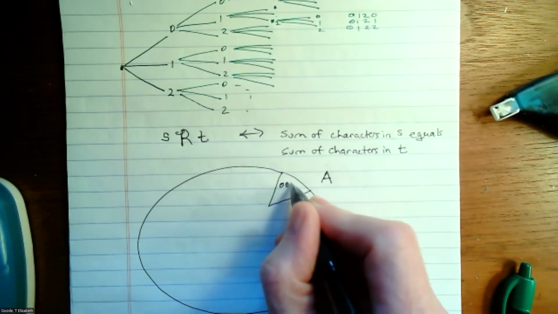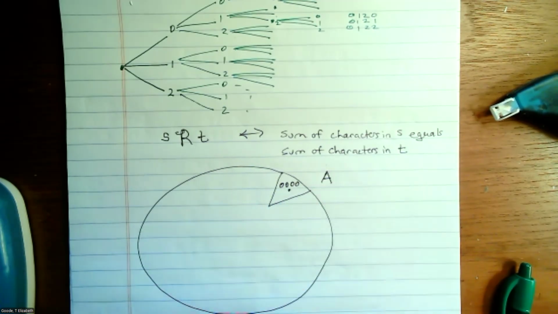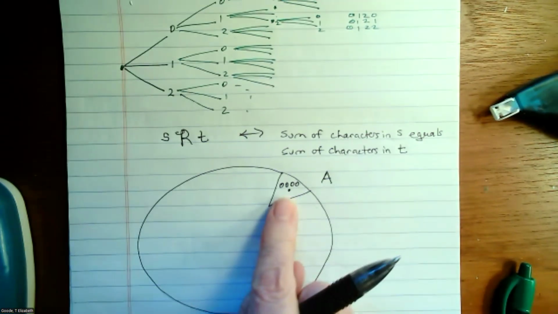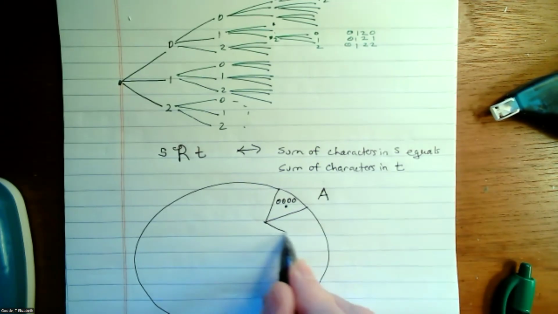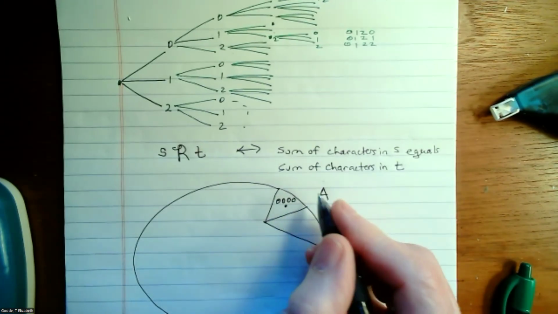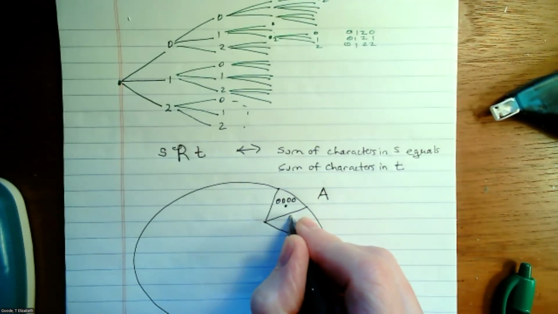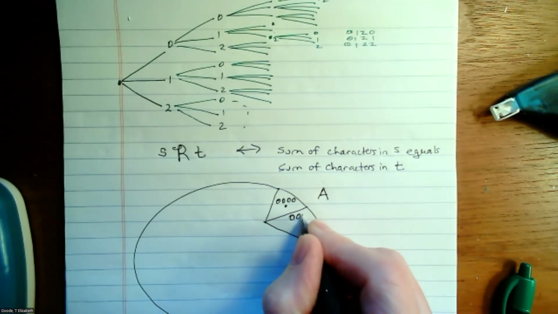Like 0, 0, 0, 0 is in a subset all by itself because there is no other string whose sum of digits is 0. So it's by itself. But there are 4 strings whose sum of digits is 1.